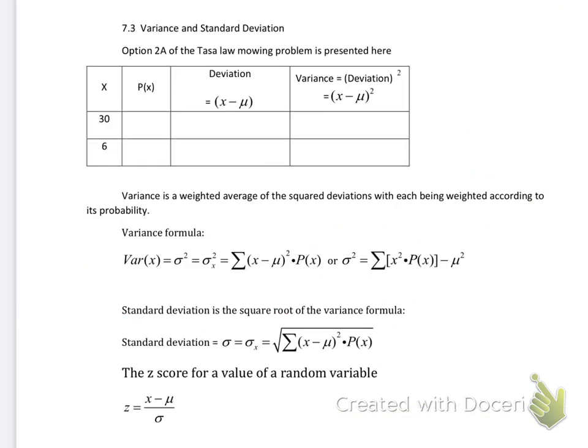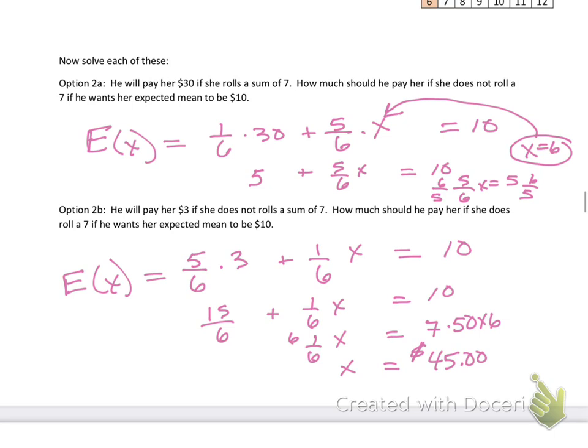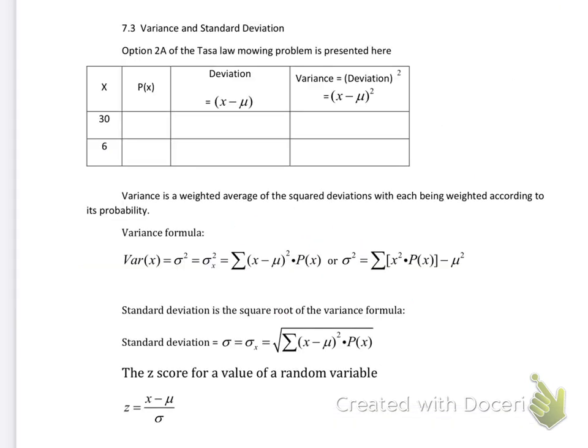Okay, so here we're back to option 2A. What's the probability that she's going to get paid $30? Let me go back for a second. Yes, here it is, 1/6 times 30. So let me fill in my chart. The probability of getting paid $30 is 1/6, and the probability of getting paid $6 is 5/6.